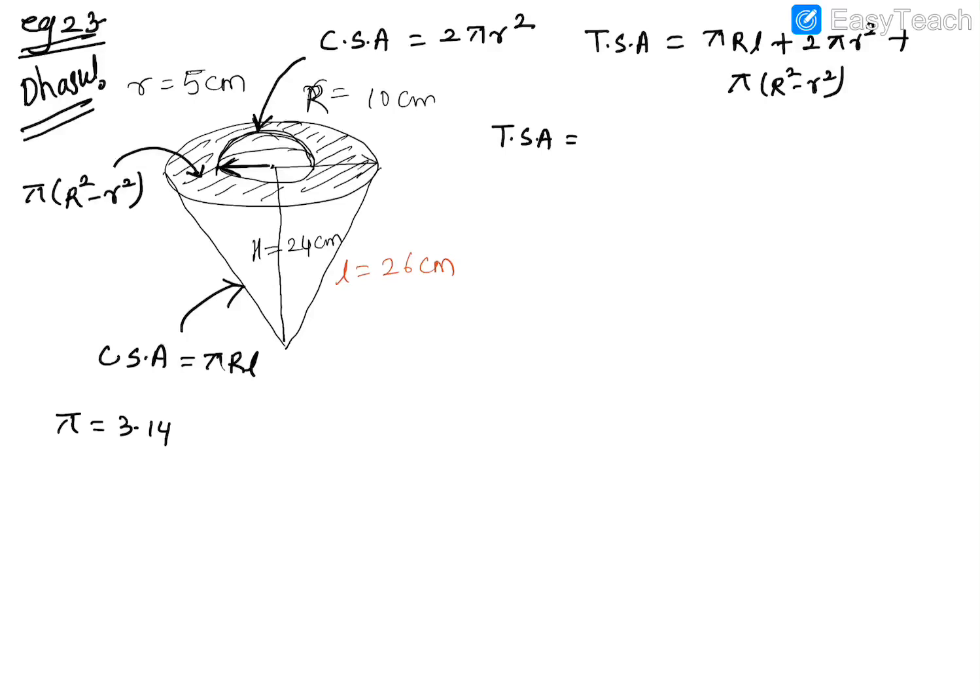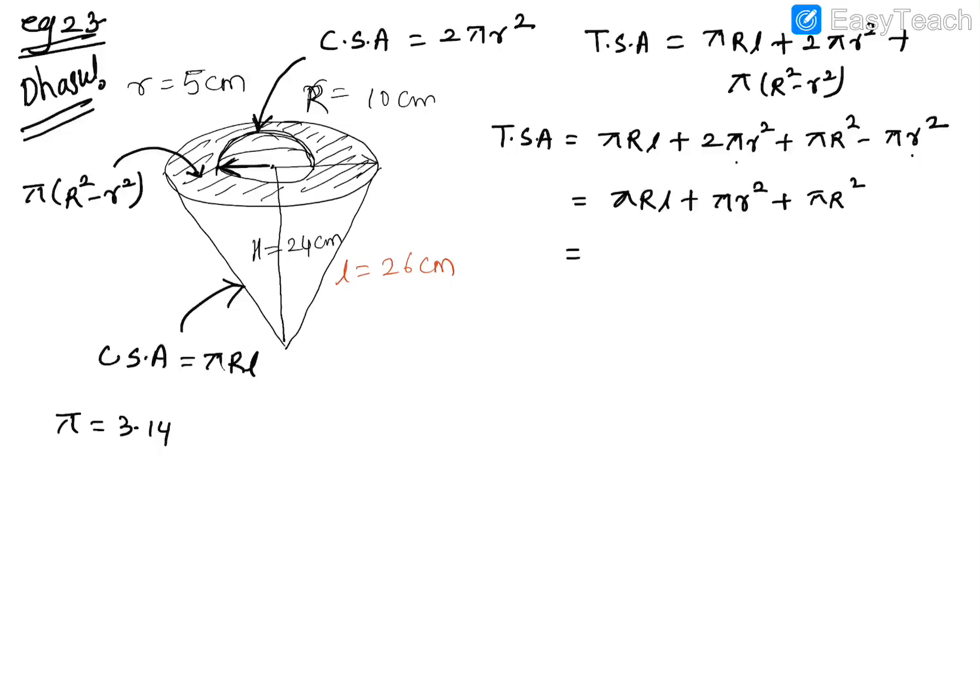So TSA is equal to pi RL plus 2 pi R squared plus pi R squared minus pi r squared. So it will be pi RL plus, now what is 2 pi R squared minus pi R squared? Plus pi R squared plus pi r squared.